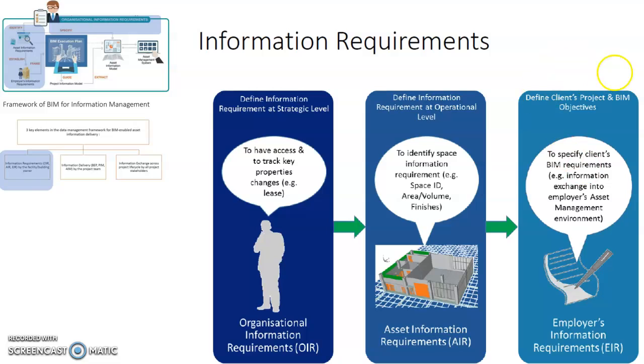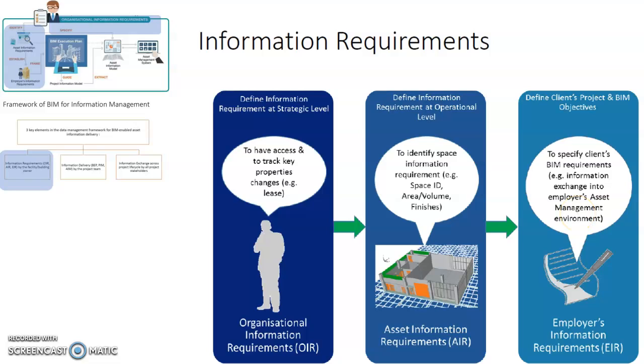So that actually then defines the client's project and BIM objectives or goals. The EIR basically is to specify the client's BIM requirement. It could be the project information exchange into the employer's asset management environment.